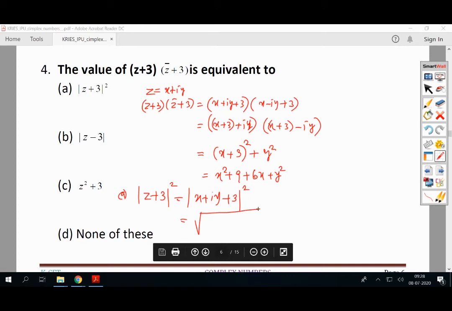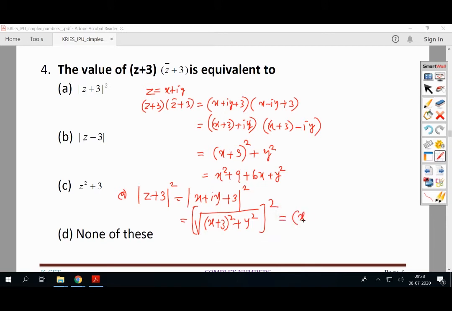So now the root goes with the square. The option you are left with is nothing but x plus 3 the whole square plus y square coming back. Now you can look at this. The product that you got here is exactly the same as the product that you are getting. So therefore, the option for this question is going to be option A.